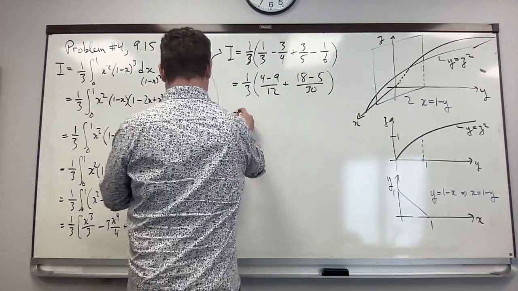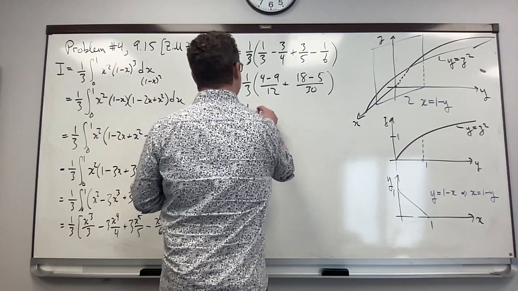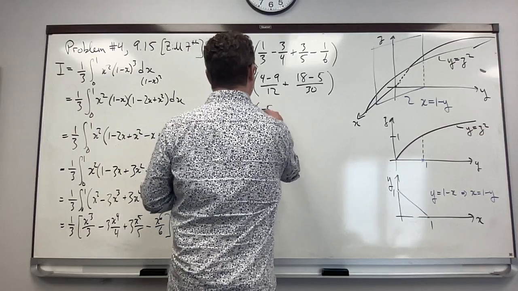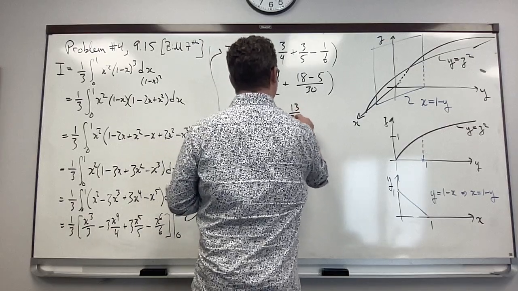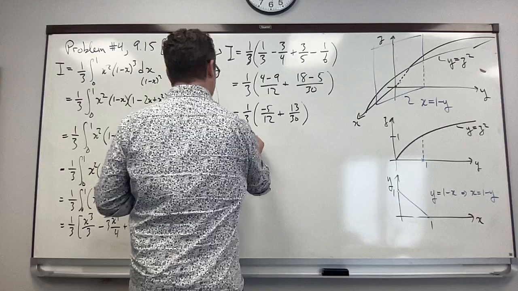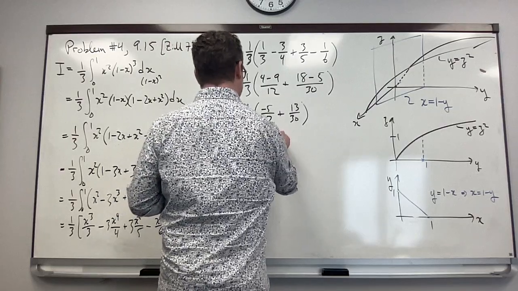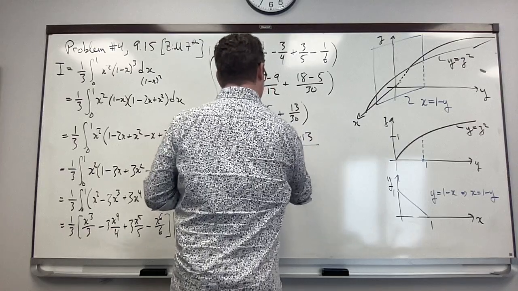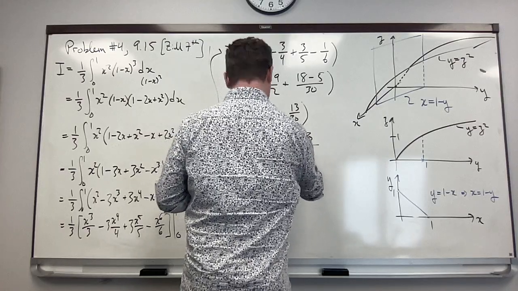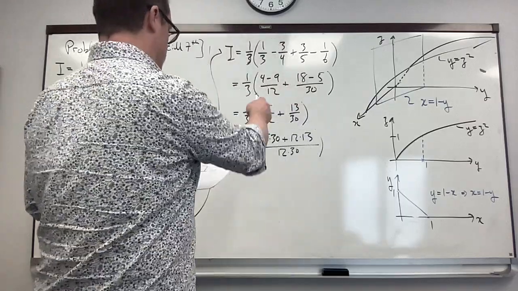So that would be 1/3, and we have minus 5 over 12 plus 13 over 30, so that would be 1 over 3, and we have minus 5 times 30 plus 12 times 13, over 12 times 30, which is 360.